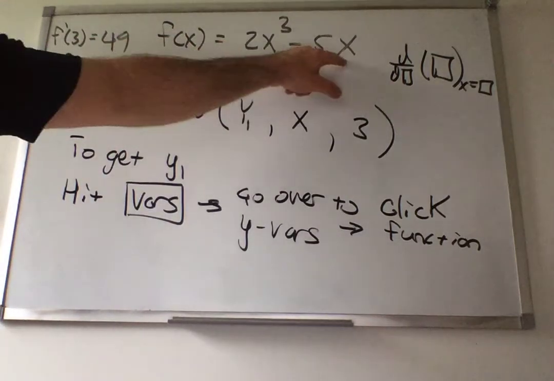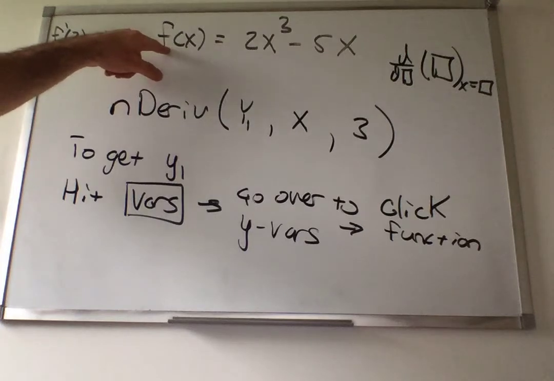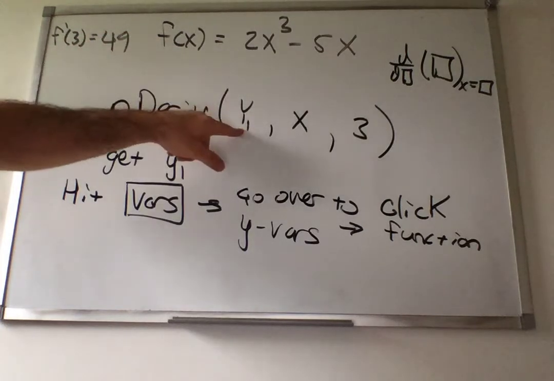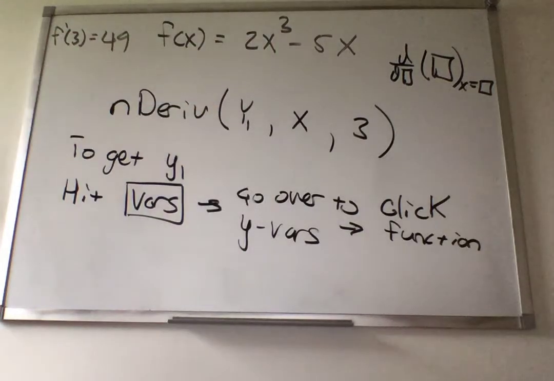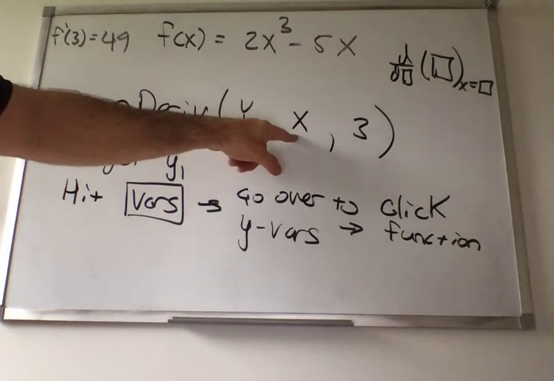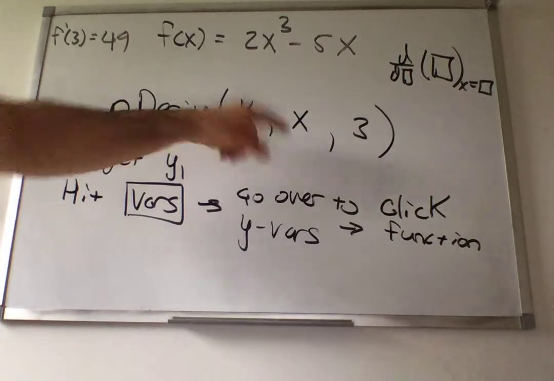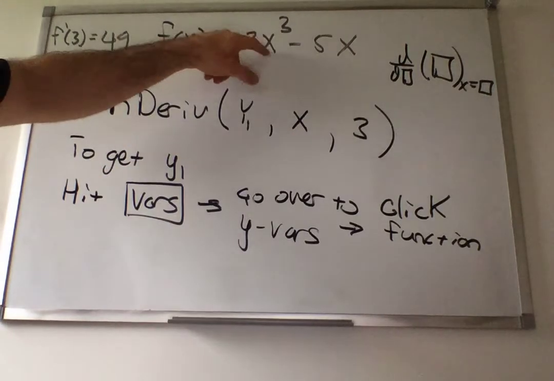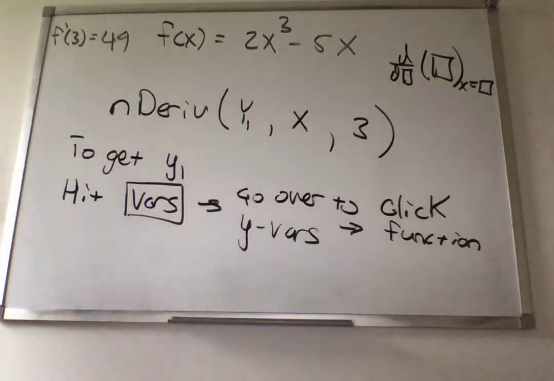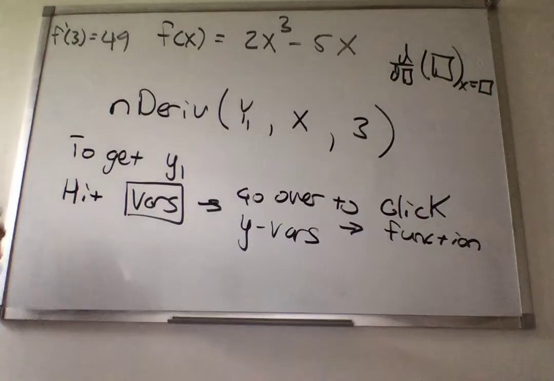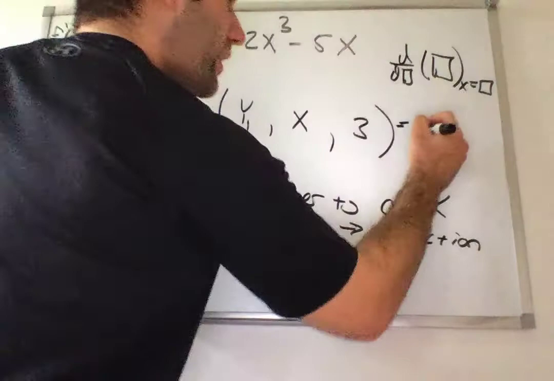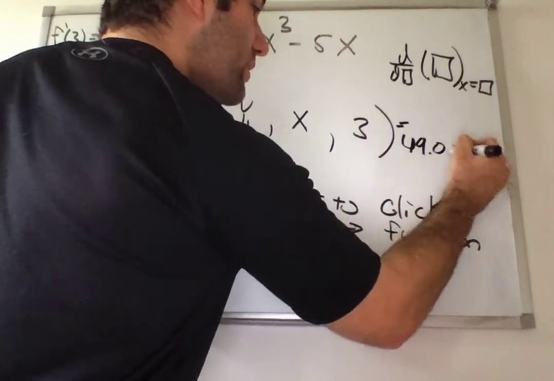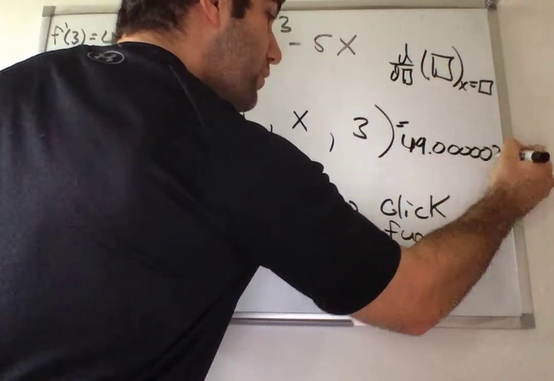We entered this into y1 on your y equals, so that's why we're using y1. If you entered this in y2, you would use y2, comma, x, comma, 3. So what variable is your function in, x values? What value are you taking the derivative at? And if you hit the enter button, you're going to get 49.000002.